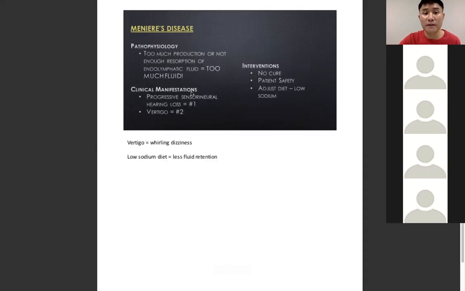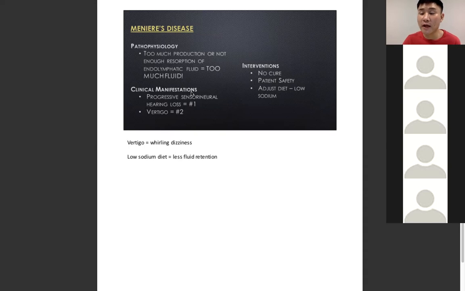All right, now this is the disease that you want to make sure you know for the exam: Meniere's disease. I remember this as mini, like small ears disease. That's how I remember Meniere's disease, because I don't even know how to pronounce it. The pathophysiology of Meniere's disease is too much production of, or not enough reabsorption of, the endolymphatic fluid.